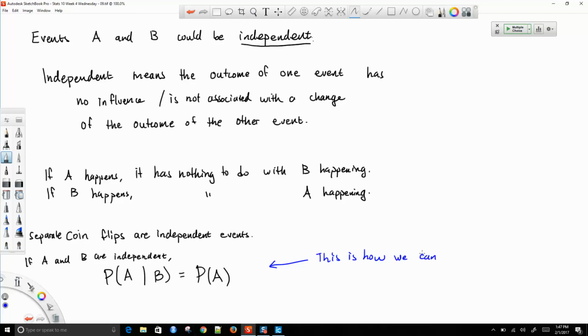It is not. I'll explain that. So this is how we can check to see if A and B are independent. If the probability of A given B equals the probability of A, they are independent.